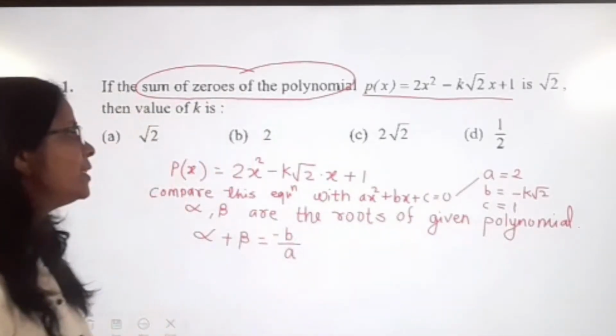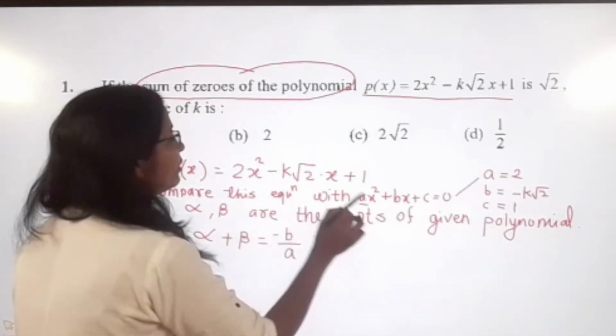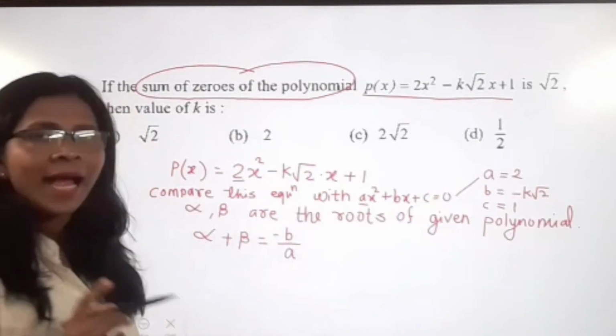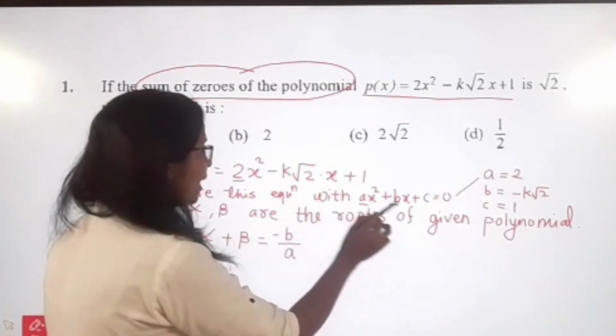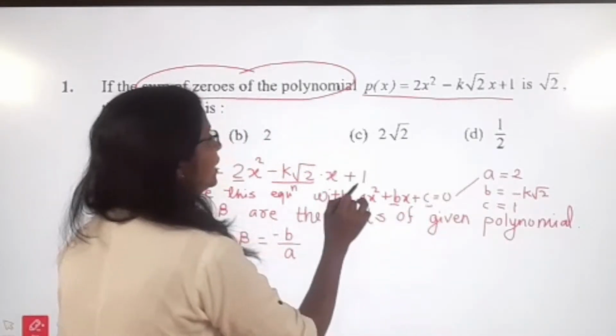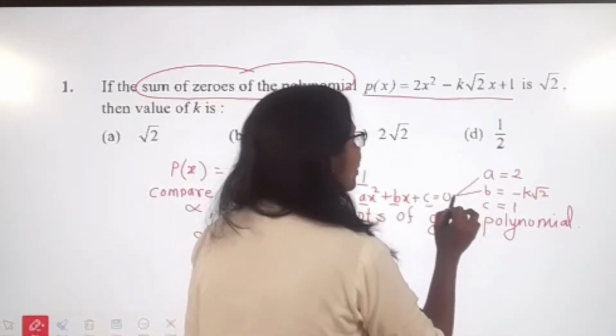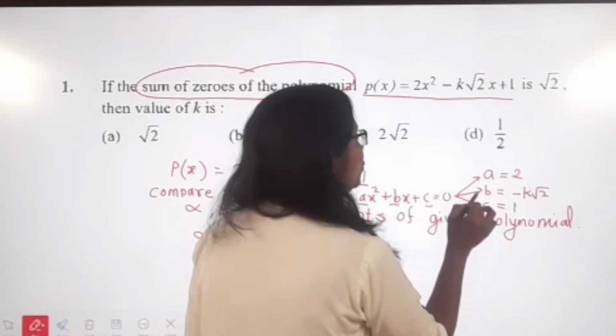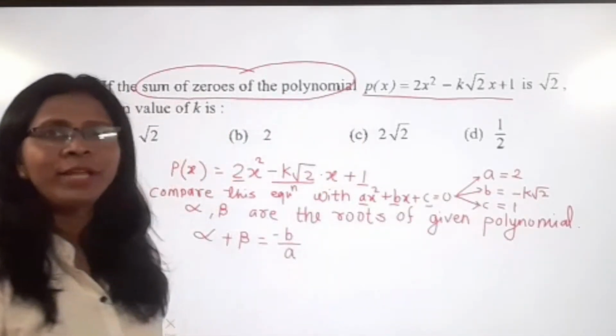Because at the place of a, here is 2, at the place of b, here is minus k root 2 and at the place of c, there is a plus 1. In such a way you can get the values of a, b, c.